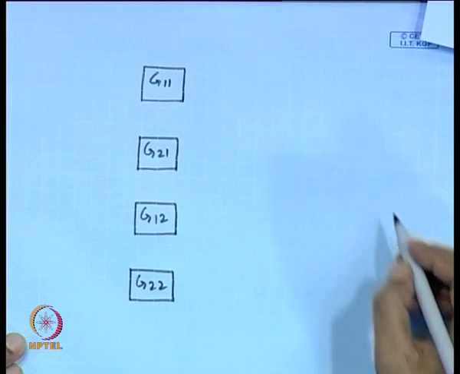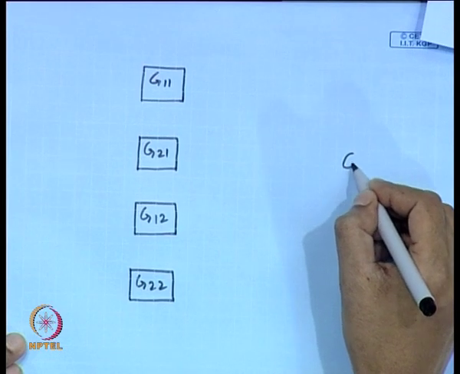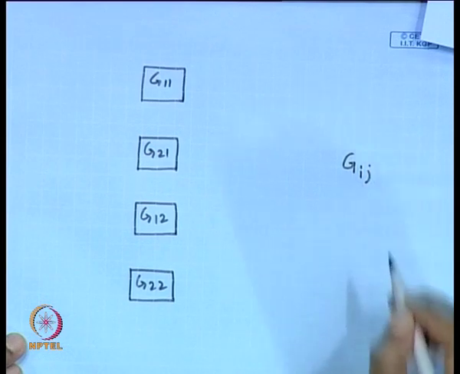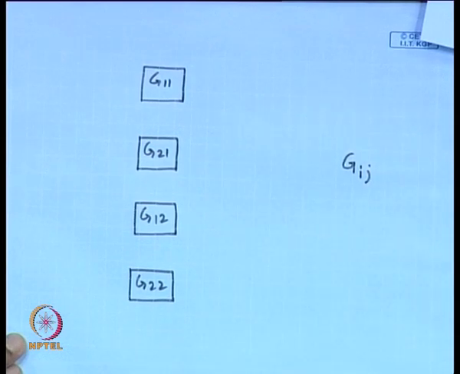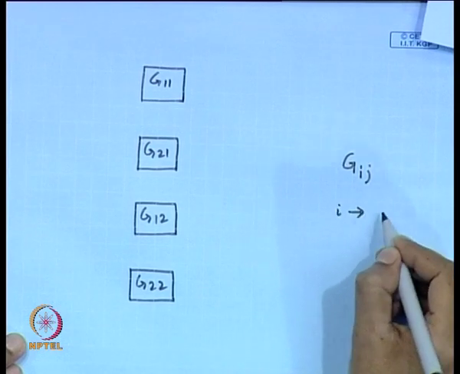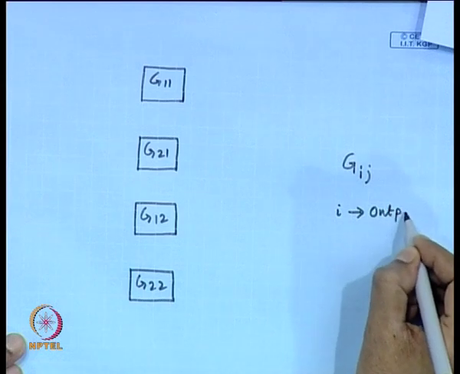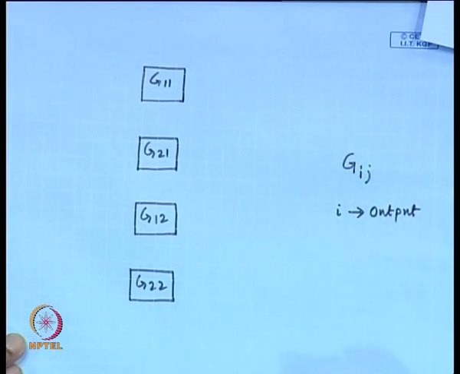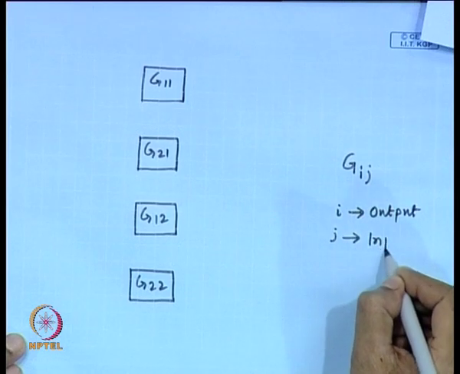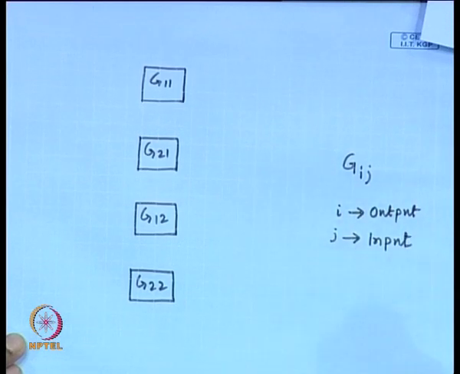Fine. Basically, the transfer function G has 2 suffixes, one is i, another one is j. i represents output and another suffix j represents input. Fine.